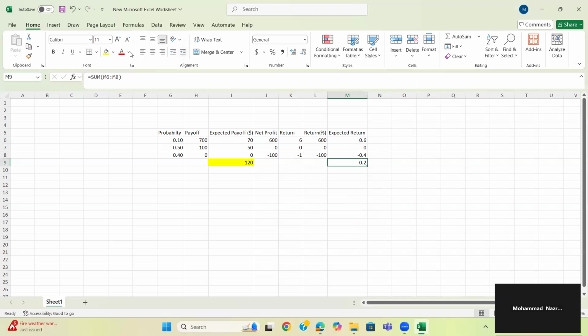So this 0.2 is actually our expected return, right? So if you want to get the percentage, you just multiply with 100 and you will get 20% as the expected return for this method, right?